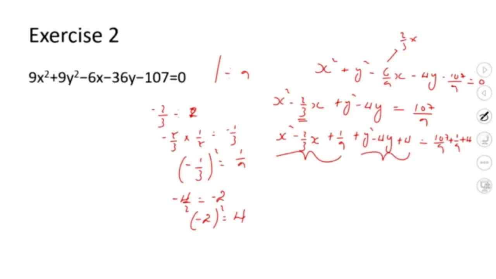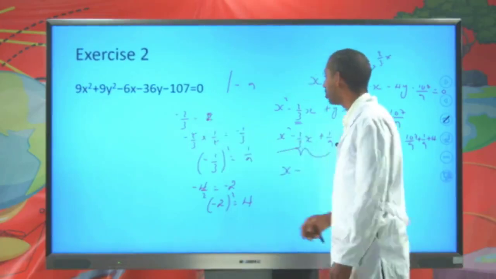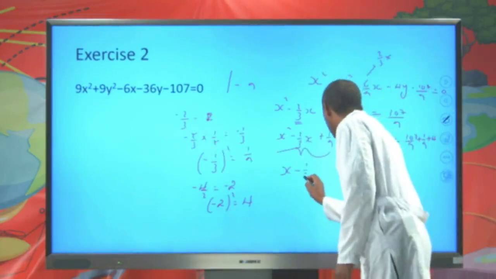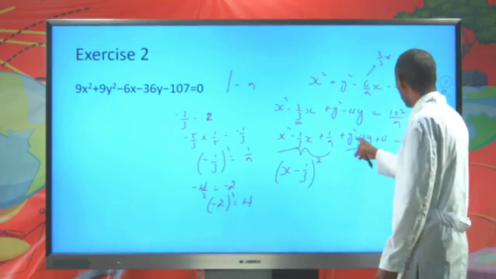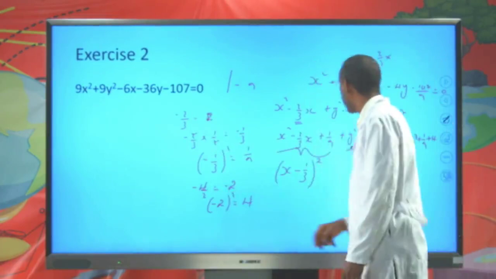This expression may be simplified as x minus, here we divide minus 2 over 3 by 2, and we got negative 1 over 3. So we have x minus 1 over 3, the whole square. And again, we have this expression. We divided minus 4 by 2, which is negative 2.